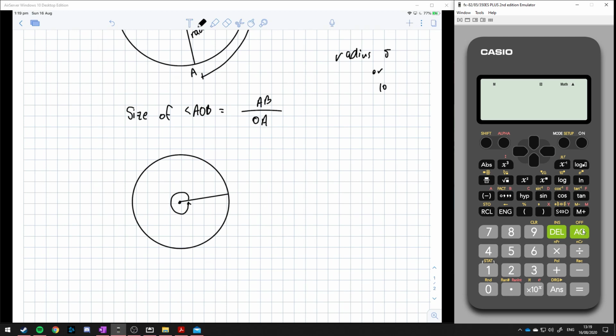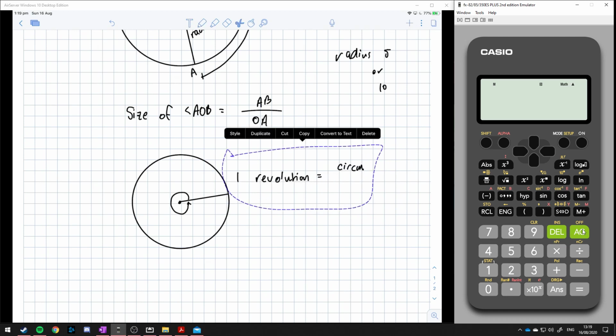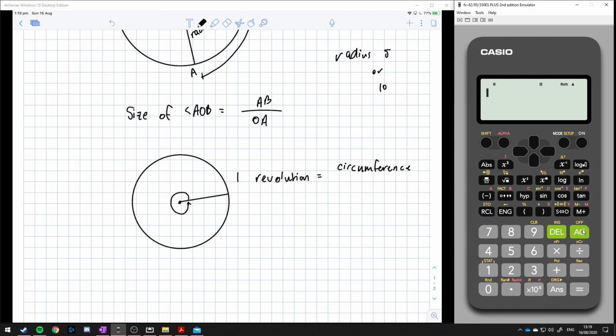So one revolution is equal to the circumference, because the arc length in this case is the whole way around. So it's from this point here all the way around to that point back there.